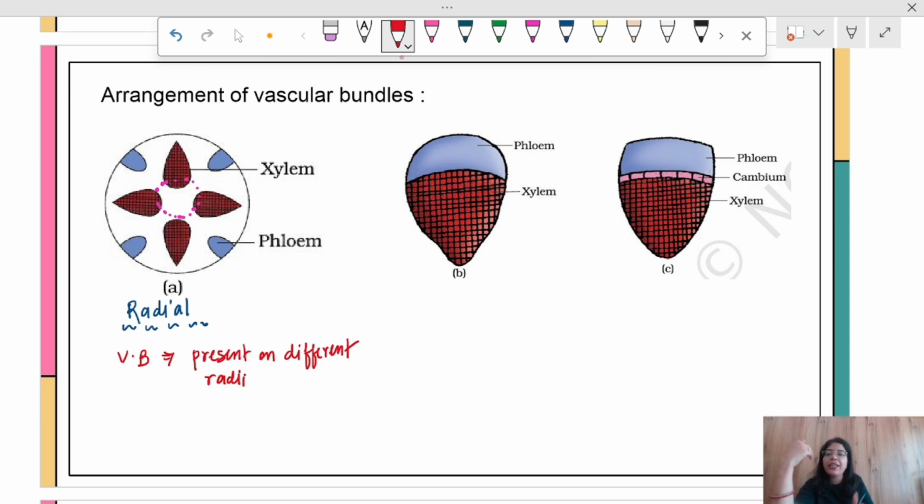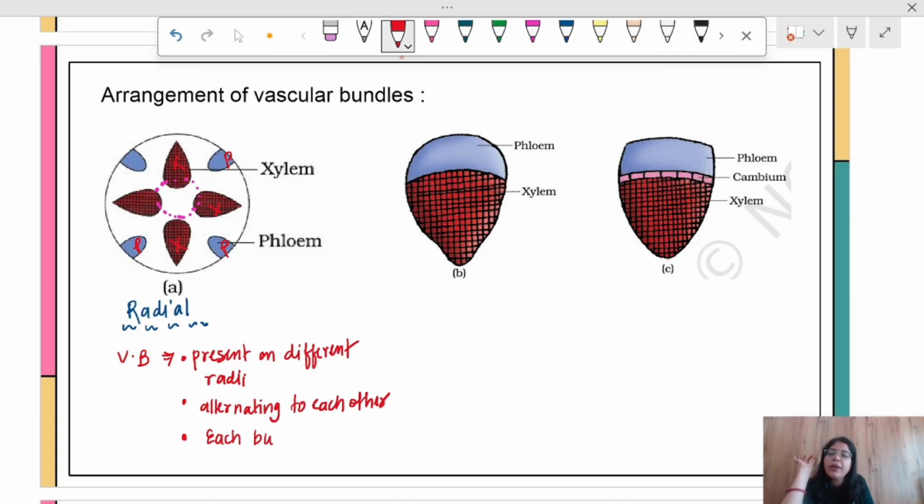They are not on same radius. Okay. Next thing you can notice, that they are alternating to each other. You can see here xylem, then you can see phloem. Xylem, phloem. Xylem, phloem. Okay. Understood?